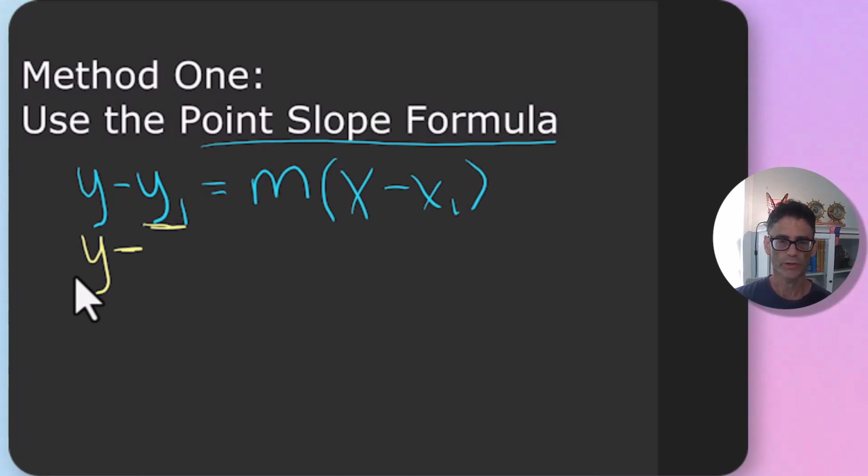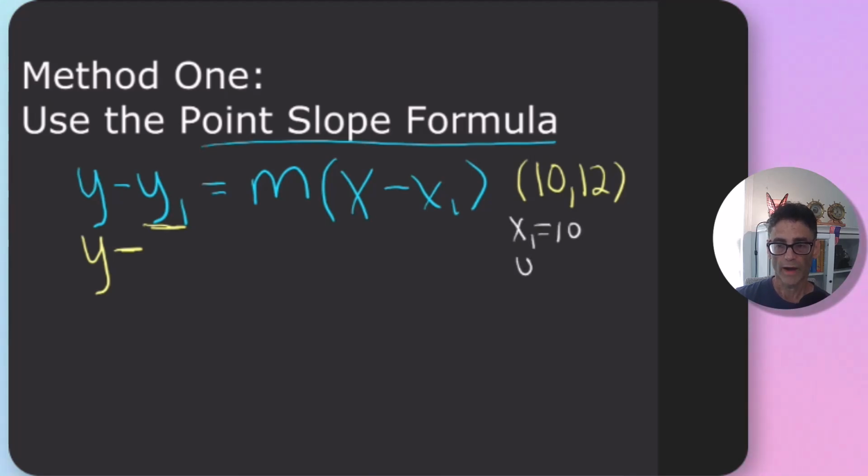So I don't plug in anything for that y, I just write the letter y. Where it says minus y1, that's where I use the y coordinate I had, which in this case was 12. So I put in 12 for y1.